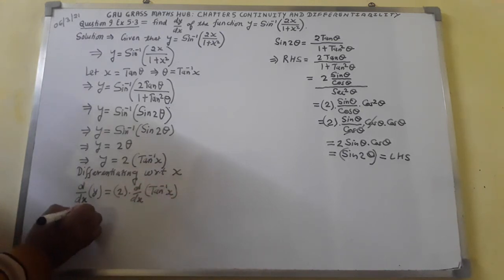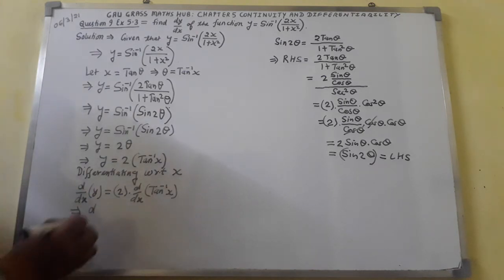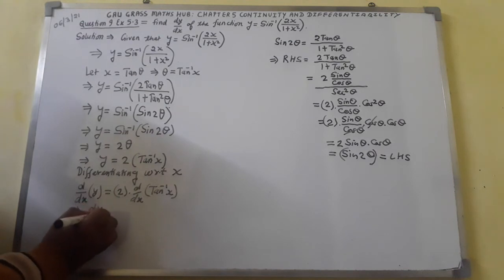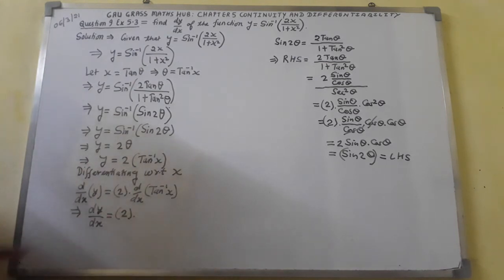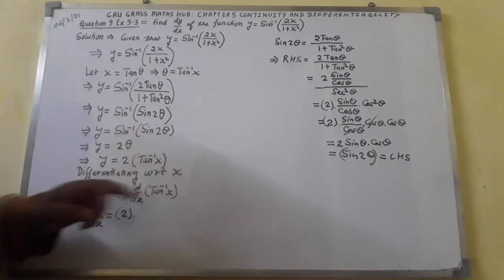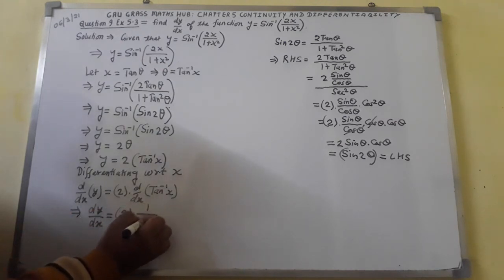You will get here implies that dy over dx equal to 2 d over dx tan inverse x comes out to be 1 over 1 plus x square.